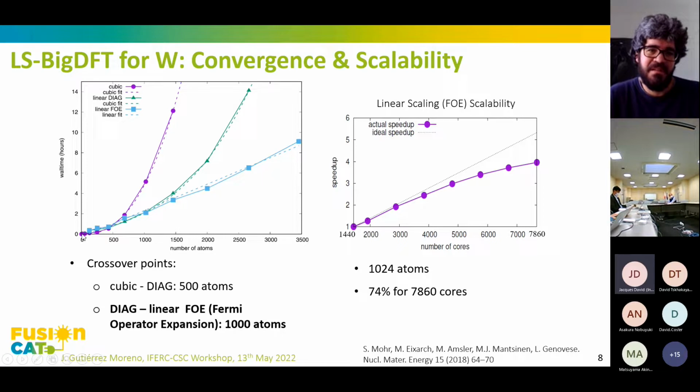As I mentioned before, this purple line corresponds to cubic scaling DFT, standard DFT, which you can see here that computational cost is relatively low if you are with small cells, but as soon as you increase the size above 500 or 1000 atoms, computational costs increase cubically, which makes simulations with thousands of atoms or even more than 500 atoms quite unaffordable or quite expensive.